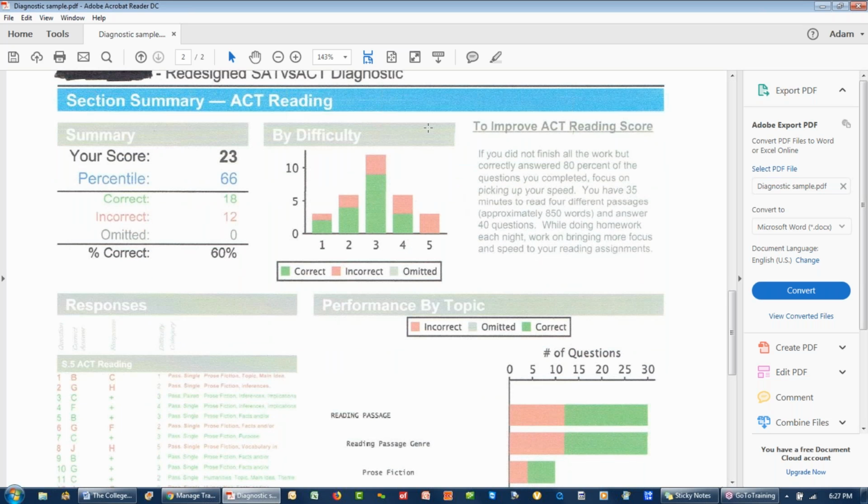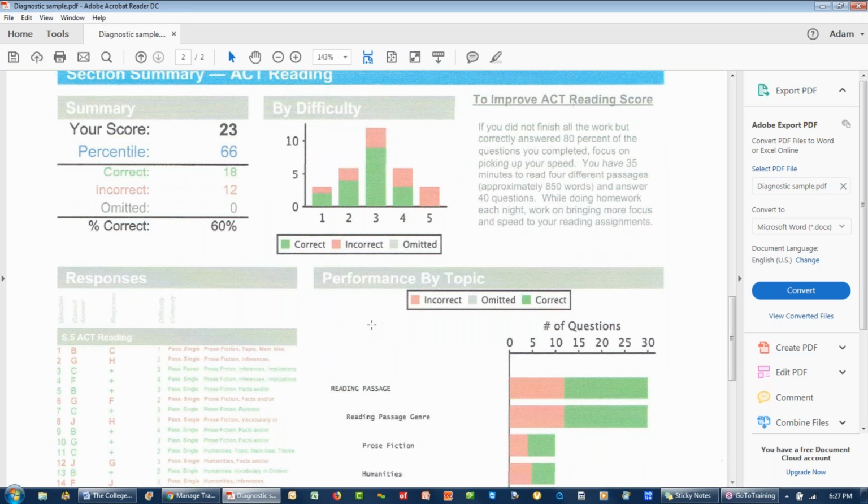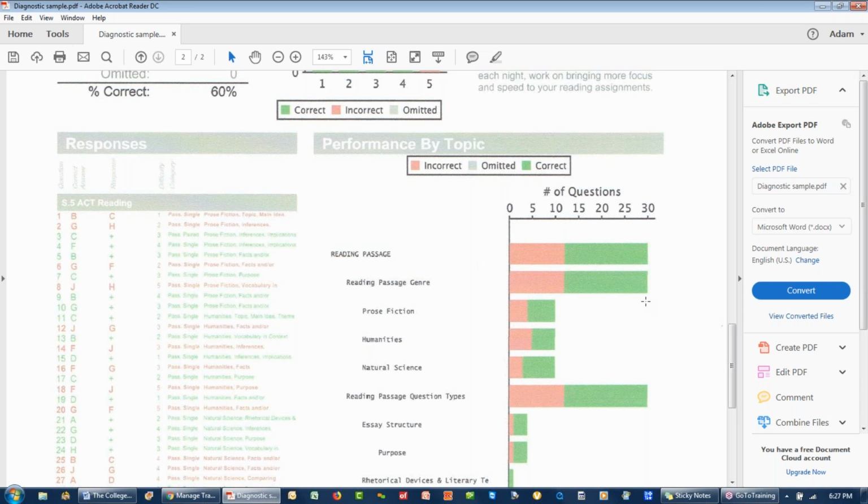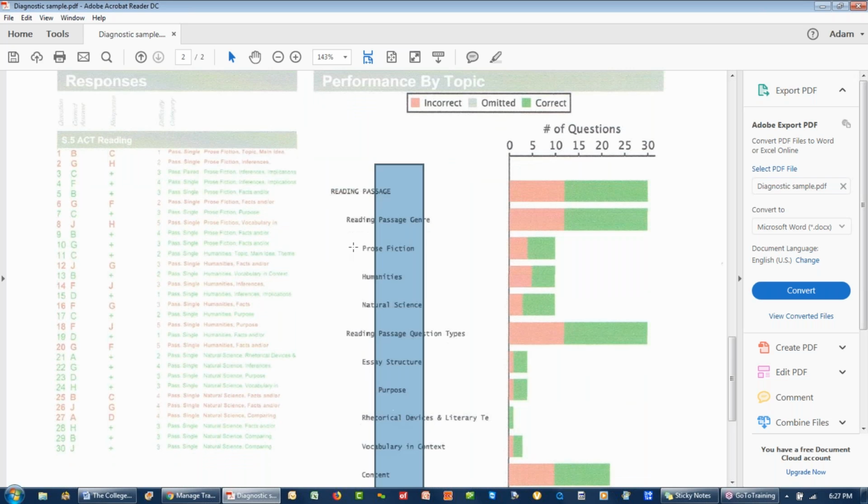But basically, this is showing the ACT reading section and how the student did. Over here on the right side, it is showing us how the student did on each of the content areas. These are content areas for that section. And then over here on the left, it has question by question with the correct answer in this column.